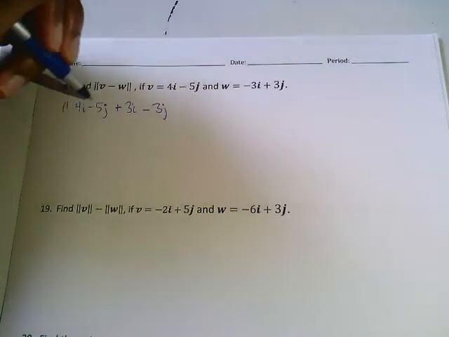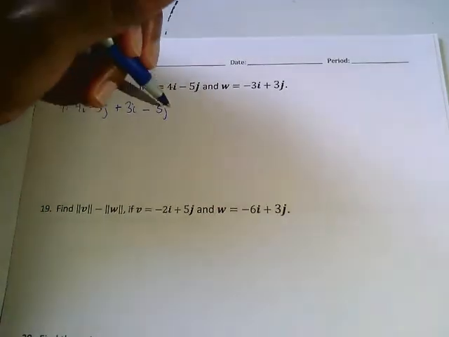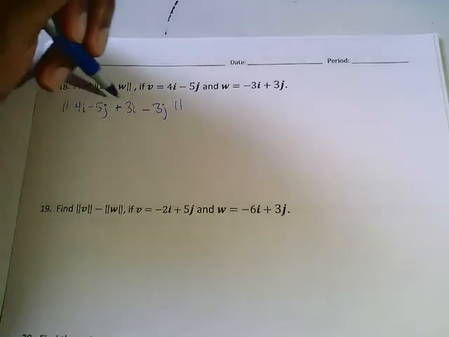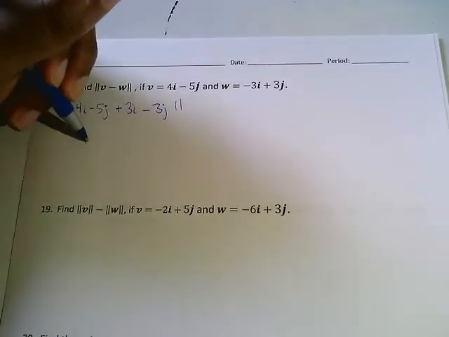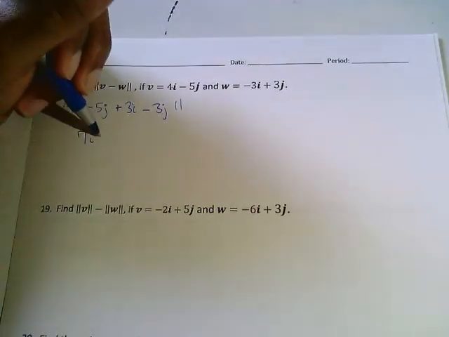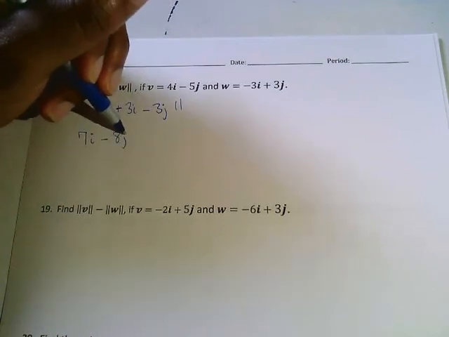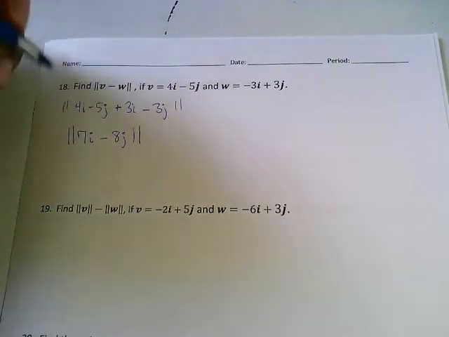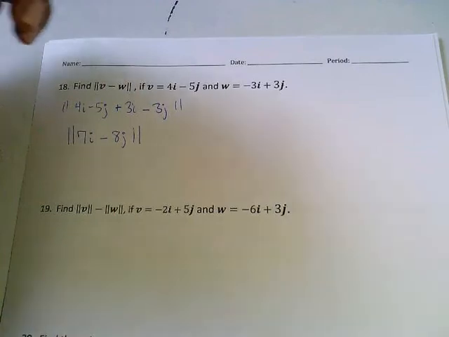Be careful when you're doing your substitution that you distribute that negative sign. So we simplify the inside now. 4 plus 3i will be 7i, and then negative 5 minus 3 will be minus 8j, and we're looking for the norm of these. So we're going to break it into its components again and find the magnitude.